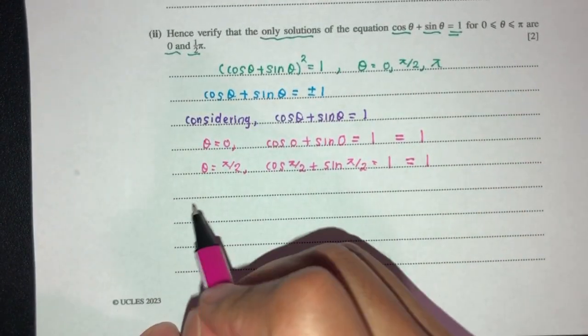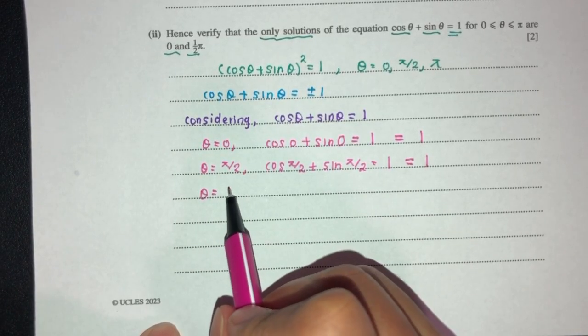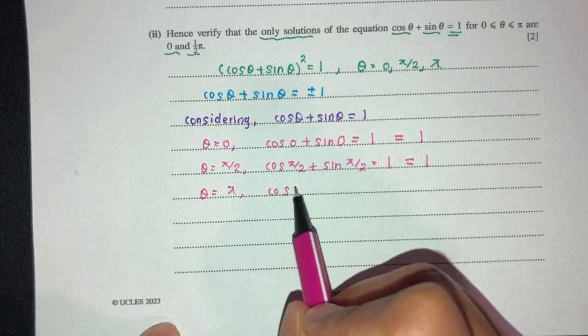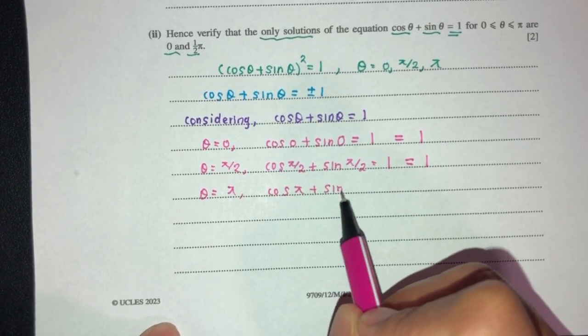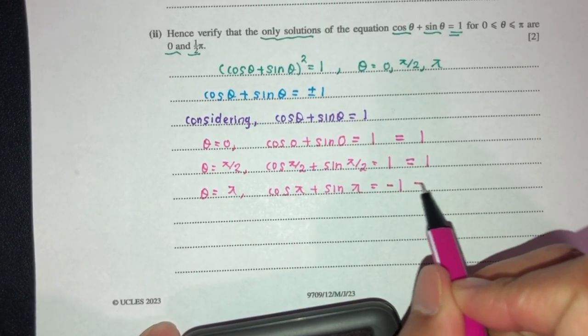Now finally we can check when theta is equal to pi. That will be cos of pi plus sine of pi. Let's see what happens. That will be minus 1, which is not equal to 1.